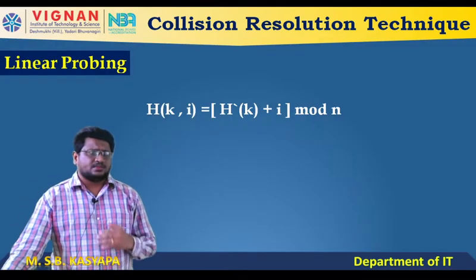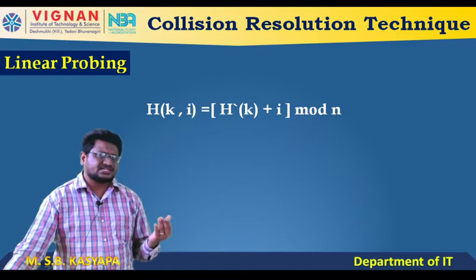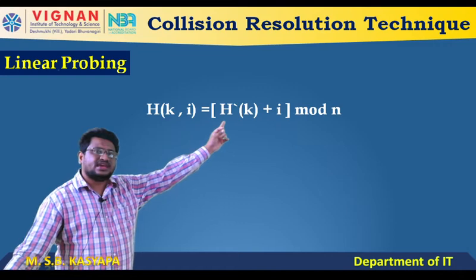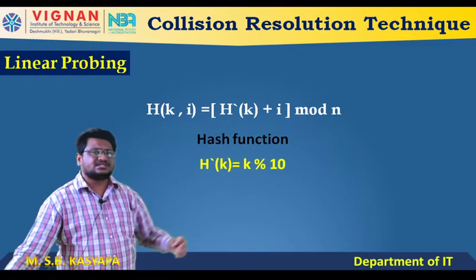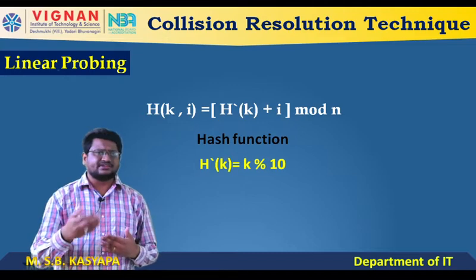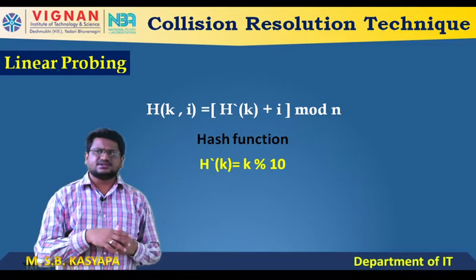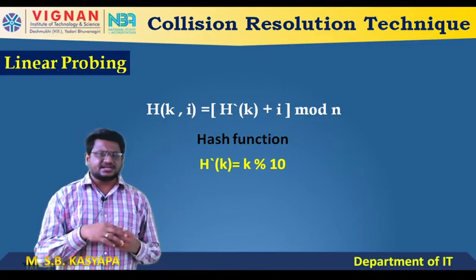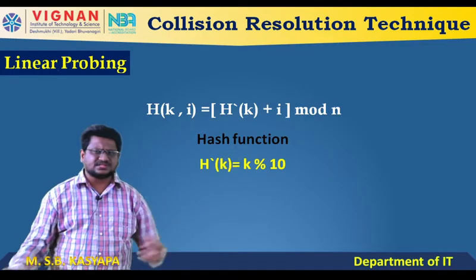Now, initially if I have a function like this, what are the initial values? First, h dash of k is my hash function. As usual, I am going to use a simple predefined hash function, that is the division method, where the value will be divided by 10. So, it is the same hash function I am using.